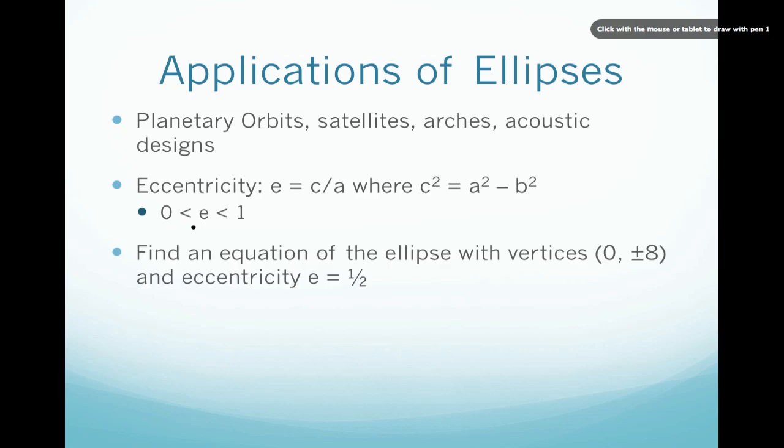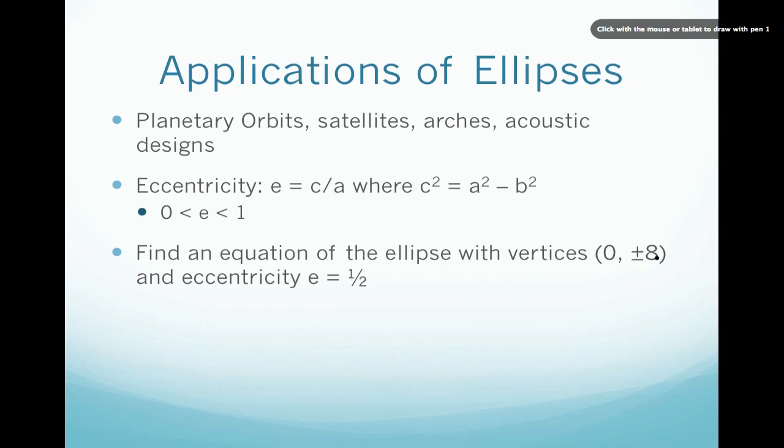Find the equation of the ellipse with vertices (0, plus or minus 8), and we know that eccentricity equals 1/2. So the first thing that we need to do is find the center. If we're given that the vertices are (0, plus or minus 8), we can tell from here that our center is going to be (0, 0), because this is going to go 8 units one direction and 8 units the other direction.